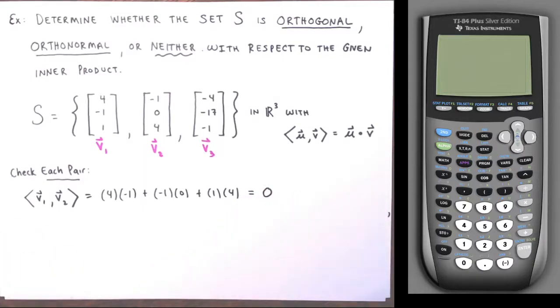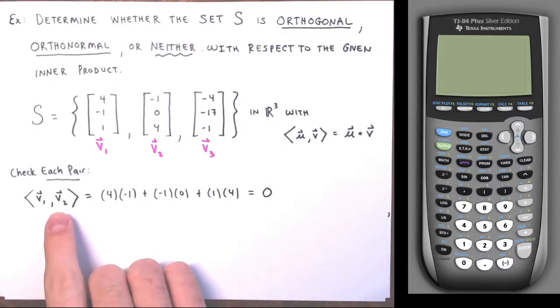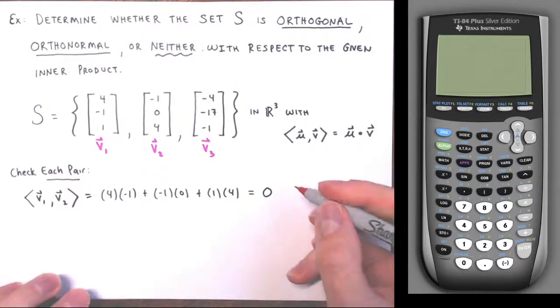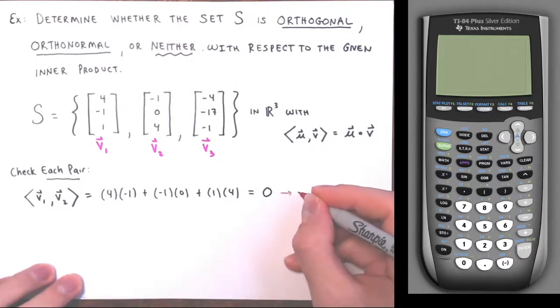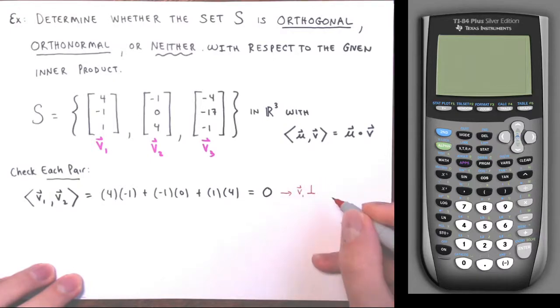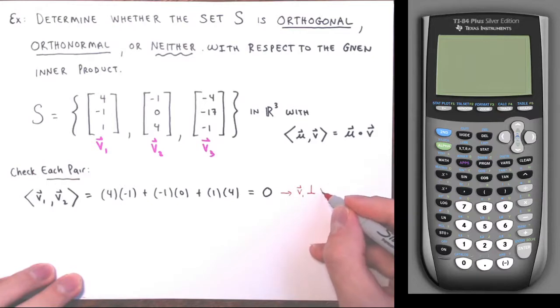Okay, so far so good. Now, this tells me that these two vectors are orthogonal, but it doesn't tell me that the set is orthogonal. Okay, so we have from this line, v1 is orthogonal to v2. I'm using the perpendicular symbol for orthogonal just to save some writing.